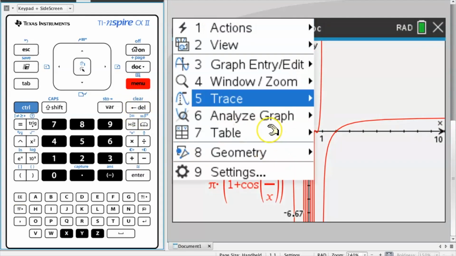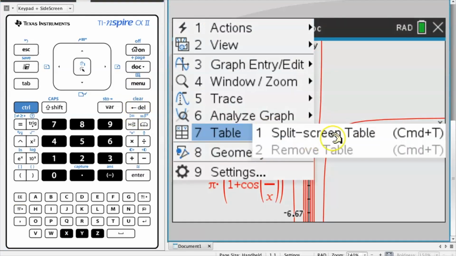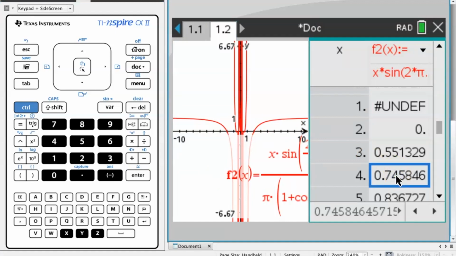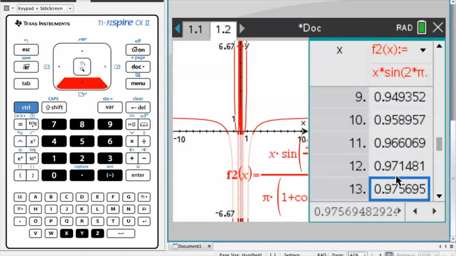Get this, and then you go to the split screen table, and you look for the value of n where the compactness is more than 0.995.